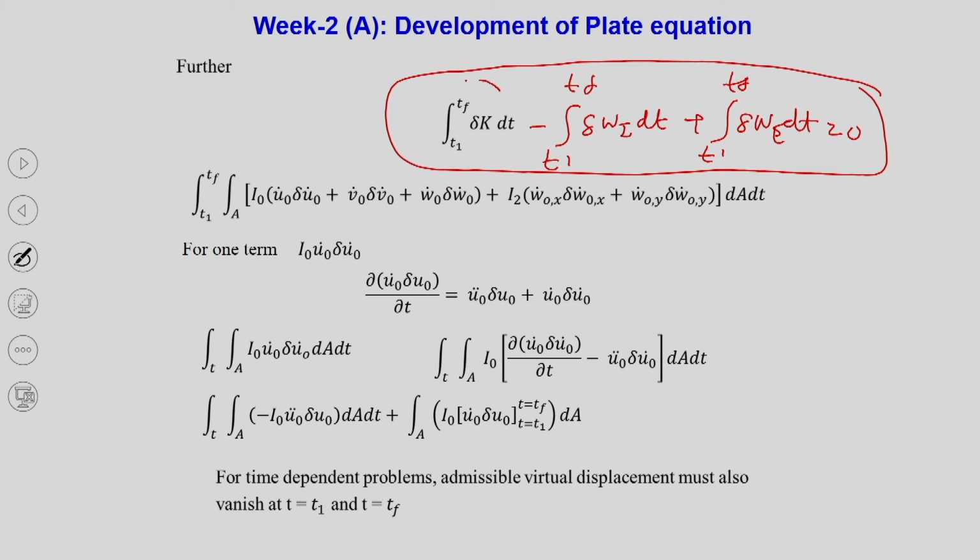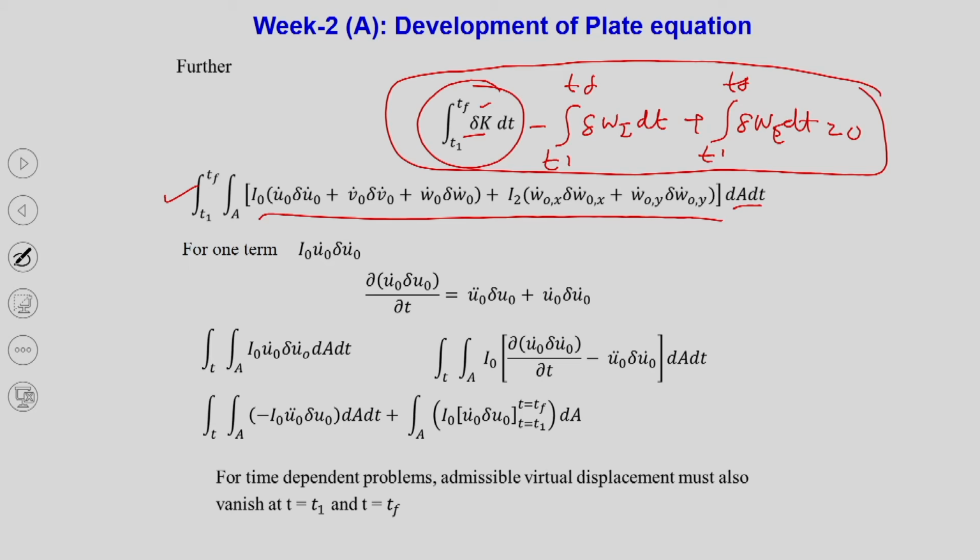So, we are going to evaluate now this one. Del k, now we know what are the terms in the del k, and you put time integration over there and put the terms dA dt.